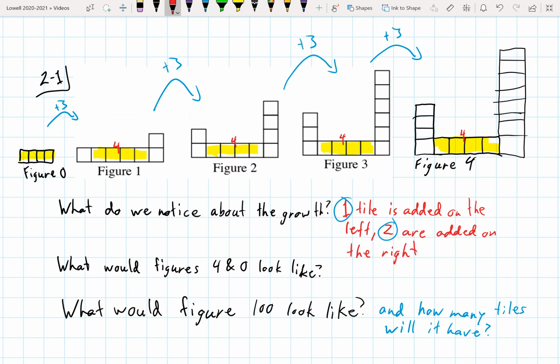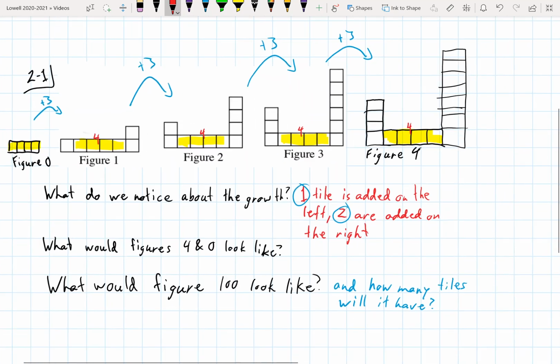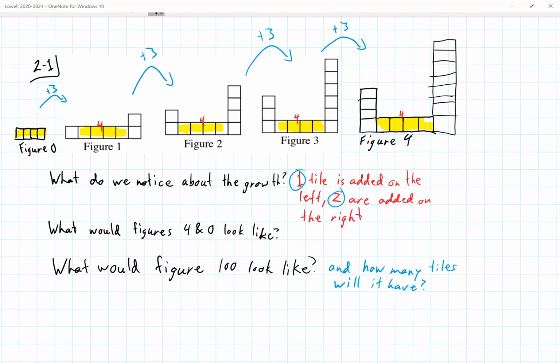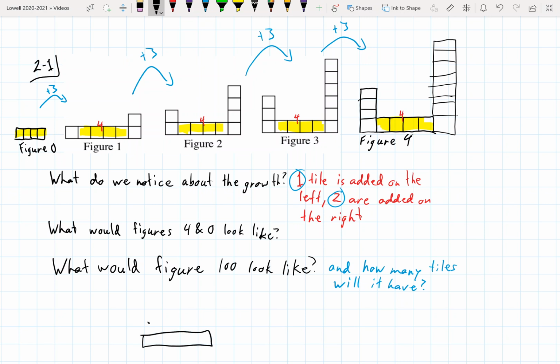So I do know that figure 100 is going to look like that as well. So it's going to have this kind of 4-piece bridge here. Maybe I'll try to draw a little bit better. 4 right there. Actually, I'm going to draw it in red just so we keep it consistent. And I'll highlight it yellow even.